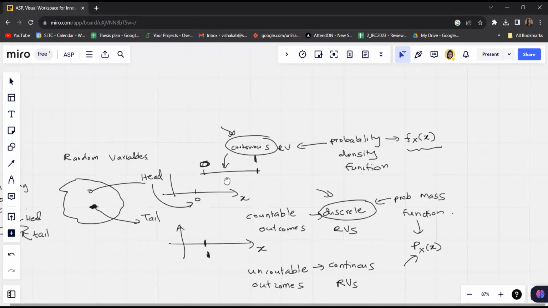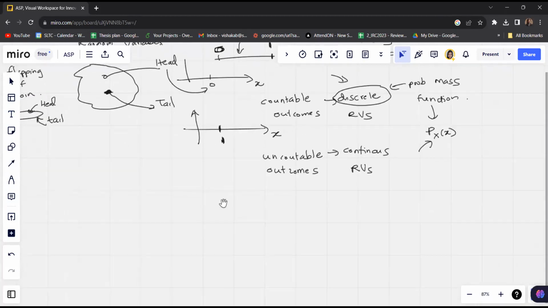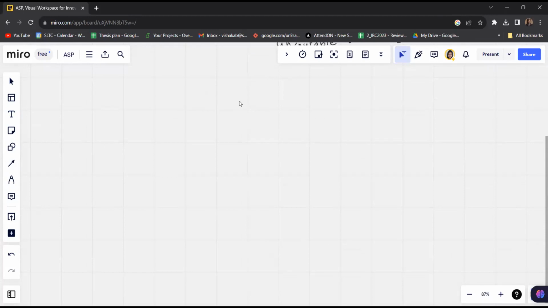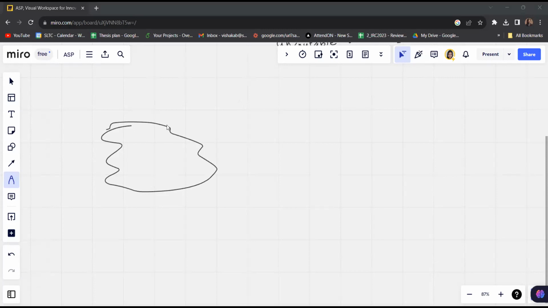So this is for the single random variable case. For the multiple random variable case, the same thing happens. Some certain experiment we can consider, and we can denote that experiment using multiple random variables. So we can denote the outcomes of a random process using two random variables.